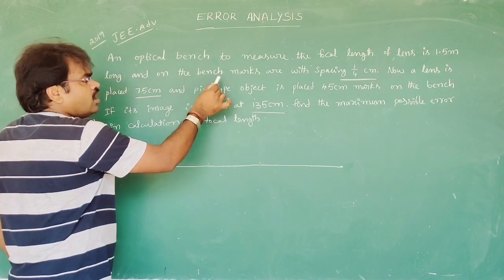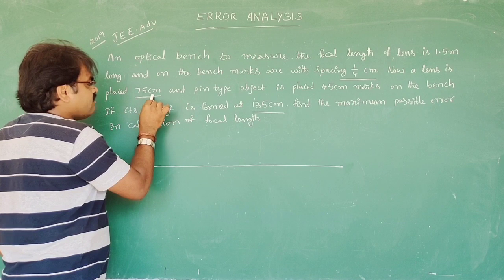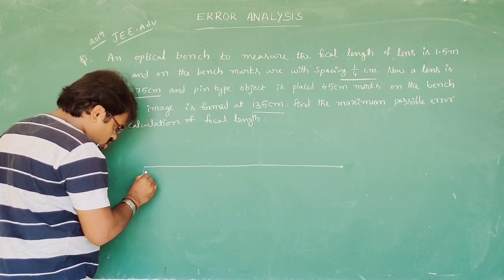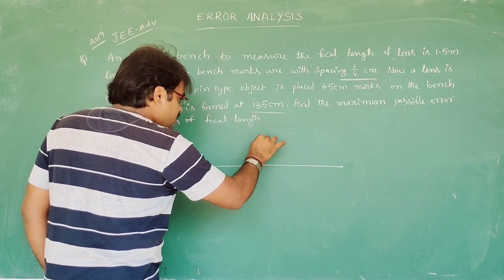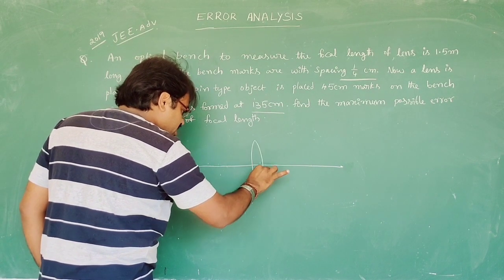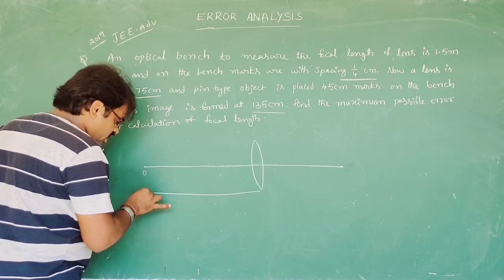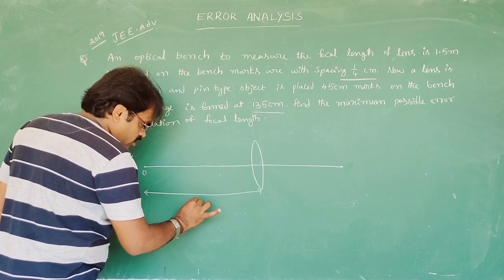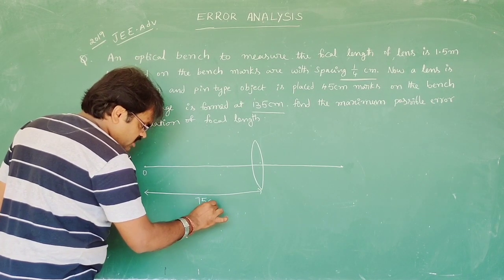Now, a lens is placed at 75 centimeter. Here it is the 0. The lens is placed here, at 75 centimeters, so from here to here is 75 centimeter.